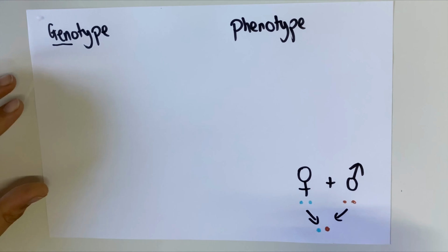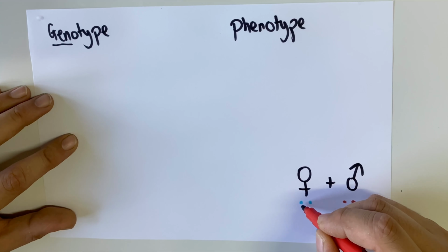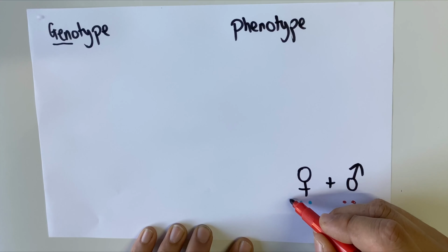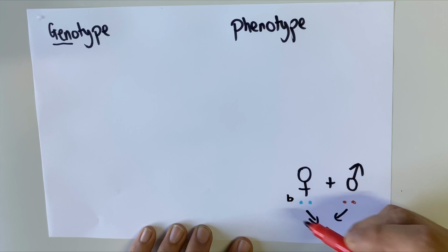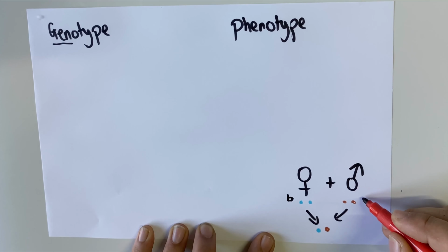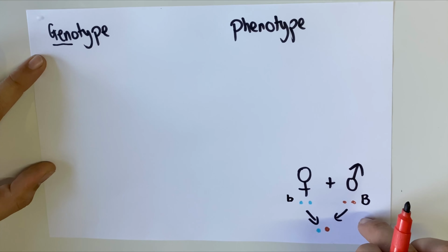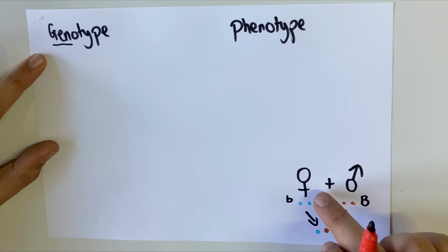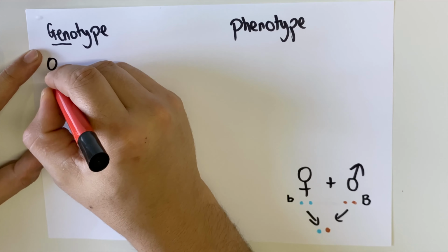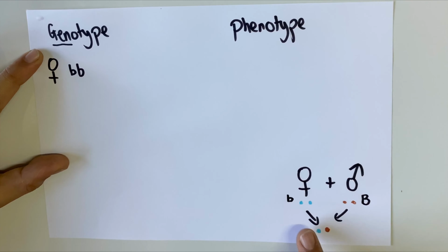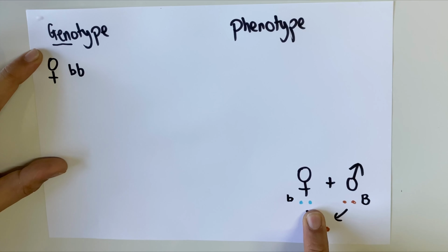So for right now, say the blue copy of the blue-eyed gene, or the gene that codes for blue eyes, we represent as little b, and the brown we represent as big B. For the genotype of the female, the genes the female is carrying are little b, little b, because she's got 2 copies of that blue-eyed gene.